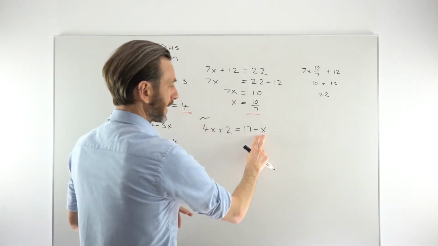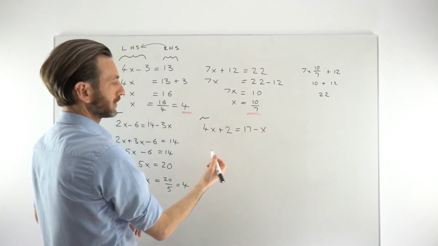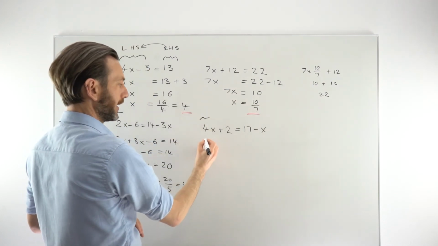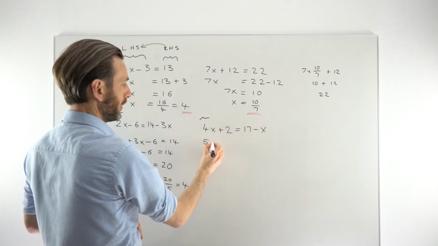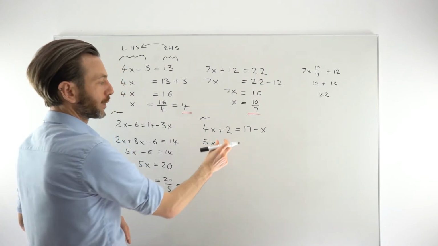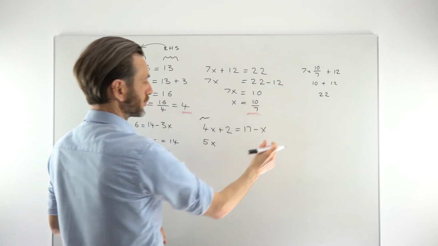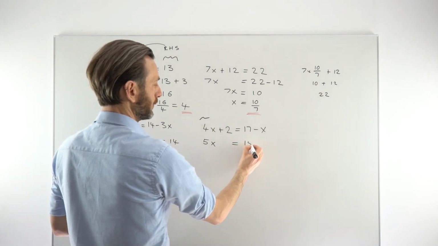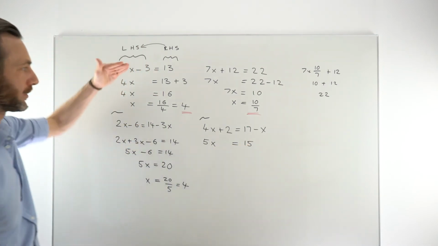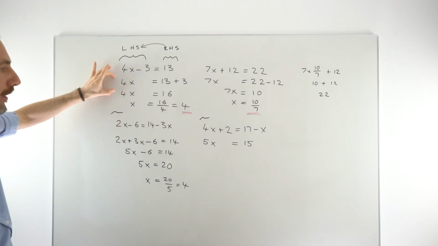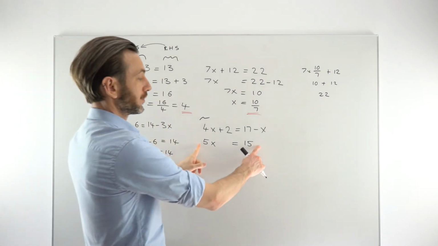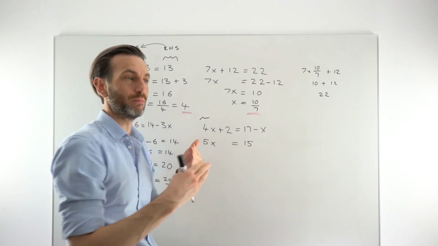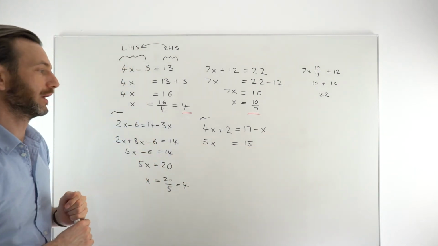So bringing that minus x over to the left-hand side would give you a plus x. 4x plus x is 5x. On the same line of working, I'm just going to take the 2 to the other side, but it becomes a minus 2, so it'll be 17 minus 2 to give you 15. Once you've got enough experience of these, you'll start dropping the lines of working and just start to do what I did there, more than one move on one line of working.